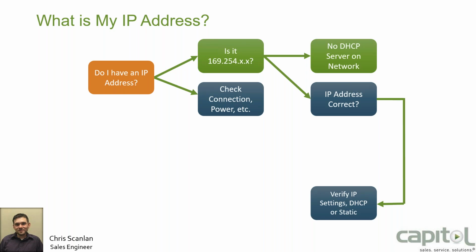Maybe an installer went from one job site to the other, or maybe a customer took their laptop to work and had to manually put in the info and forgot to set it back to DHCP. Anybody that's worked on networks has done that. And next thing you know, you're scratching your head and you realize, oh crap, I forgot to set it back to DHCP.